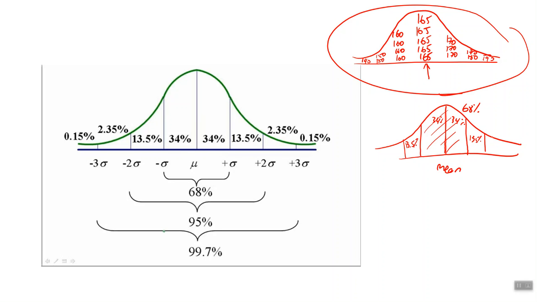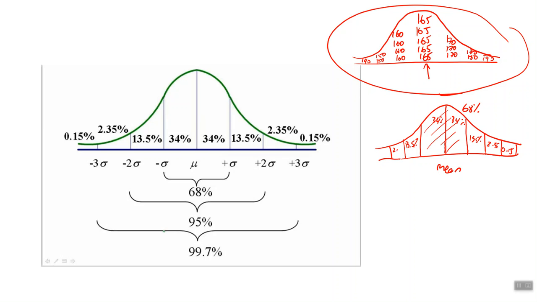As you can see, as you go further left or further right, the area gets smaller and smaller, because whatever we're measuring lies quite far from the mean. This will be, I think, 2.35%, and this is 0.15%.